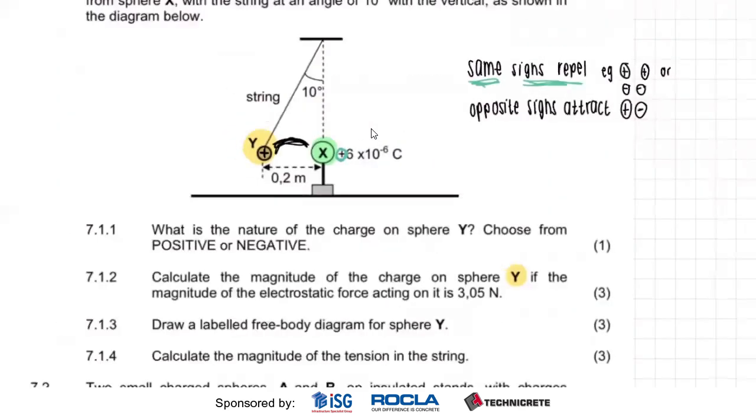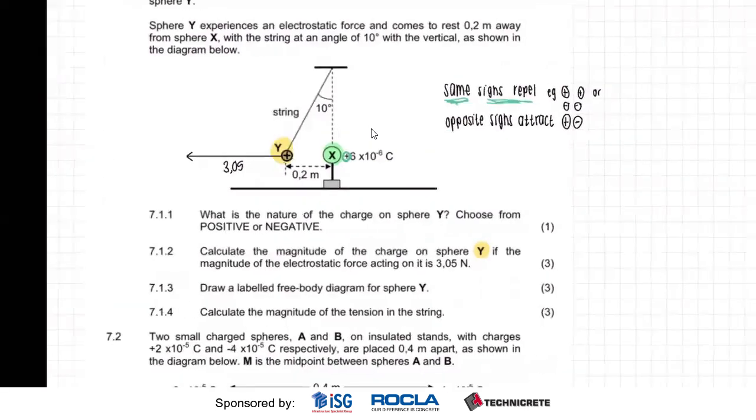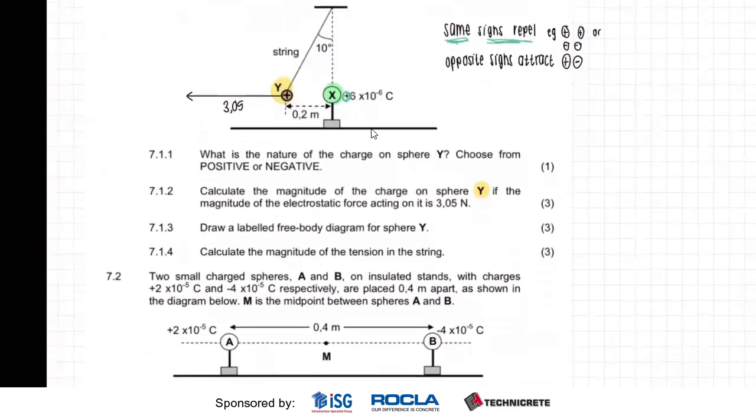If we had to draw a free body diagram for sphere Y, no, actually, that's in the next question. So let's just draw on here. The electrostatic force pulling Y to the left from X is 3.05 newtons.